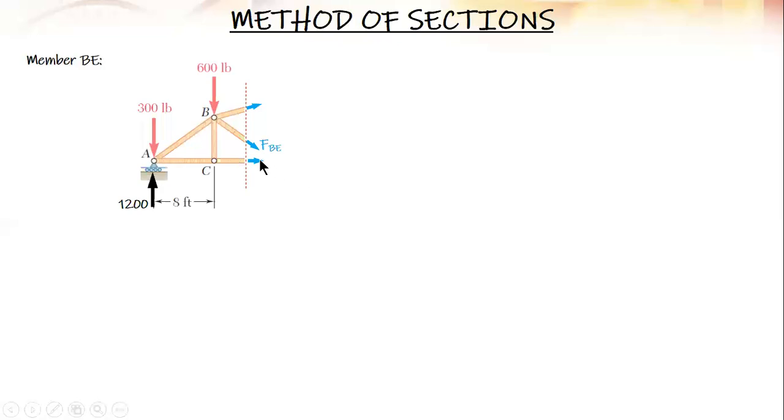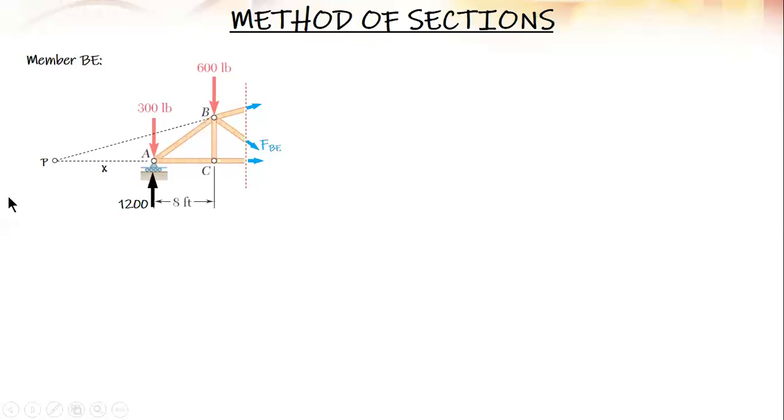So you need to extend this one to its point of intersection, like this. Let's denote it as point P. So we need to solve for this distance, which would be the moment arm, and let's denote it as X.